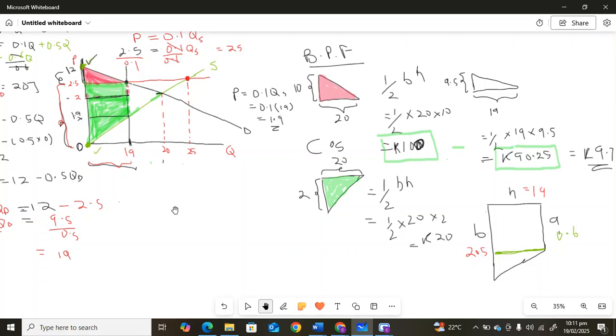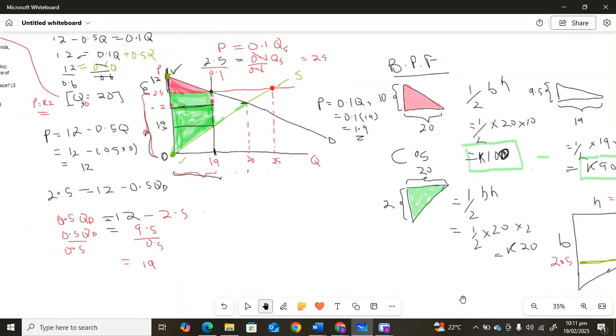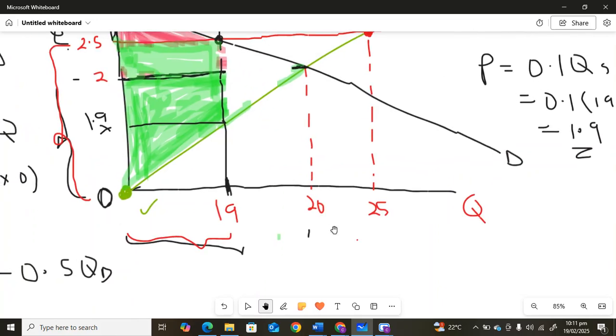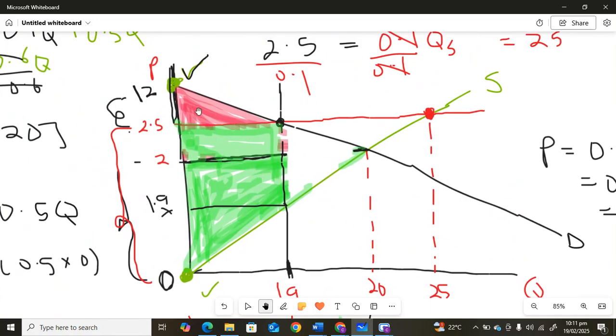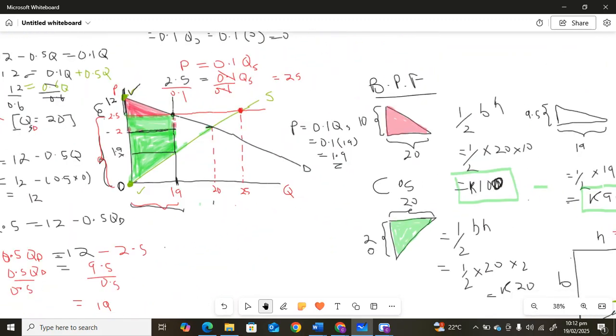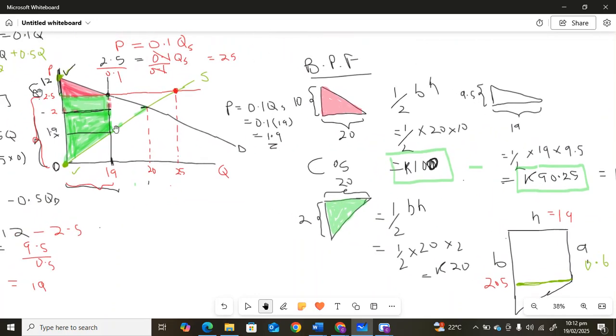When we're dealing with the consumer surplus, yes, it was 9.5.